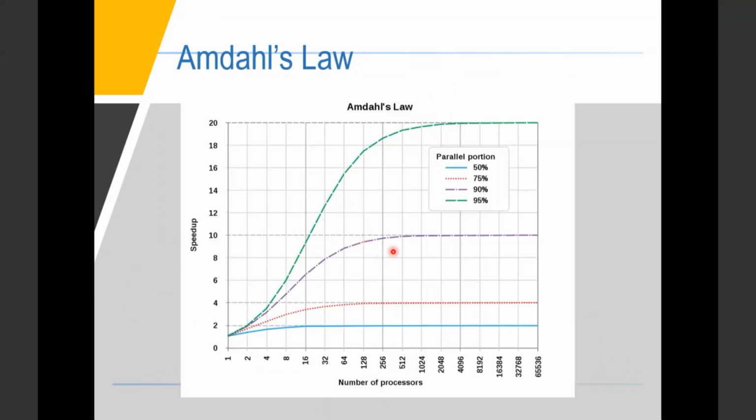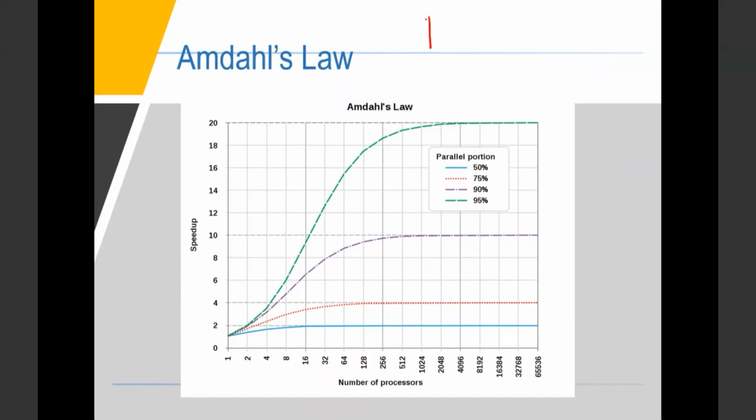Okay, and this is the Amdahl's Law graph. Okay, you can see here, we have 4 graphs here. For the blue line color here, this is where your parallel portion is 50%.